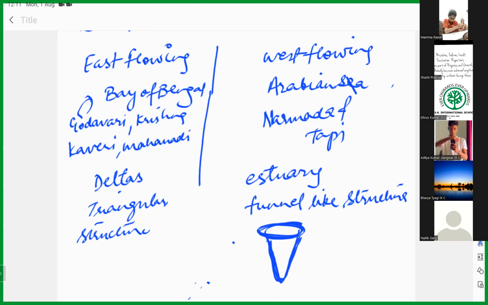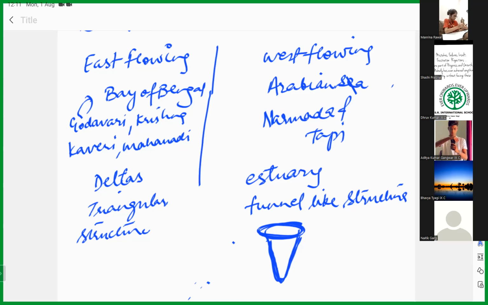See, estuaries are basically formed by the rivers which flow on rocky surfaces. Where the surfaces are hard, estuaries are formed because of the continuous flow of the river water, and in due course of time they form deep funnel-like structures.